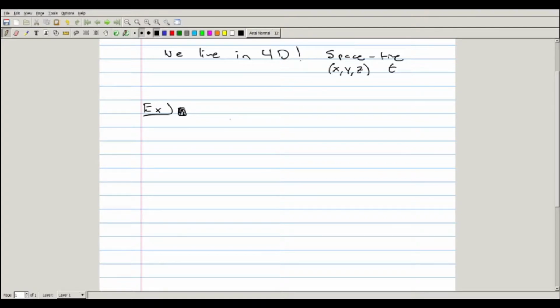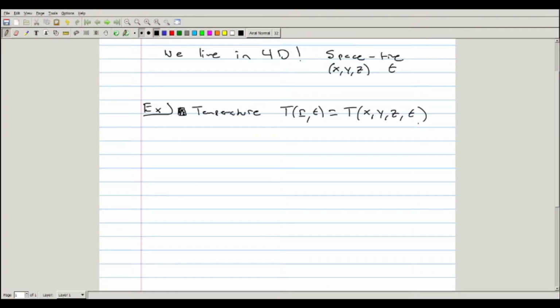If you wanted to describe, say, the temperature at any point in a room, this is some function of position and time, or in Cartesian coordinates, a function of x, y, z, and t.